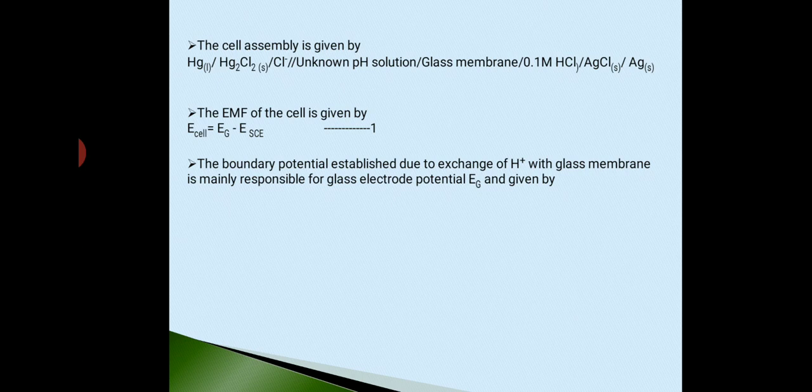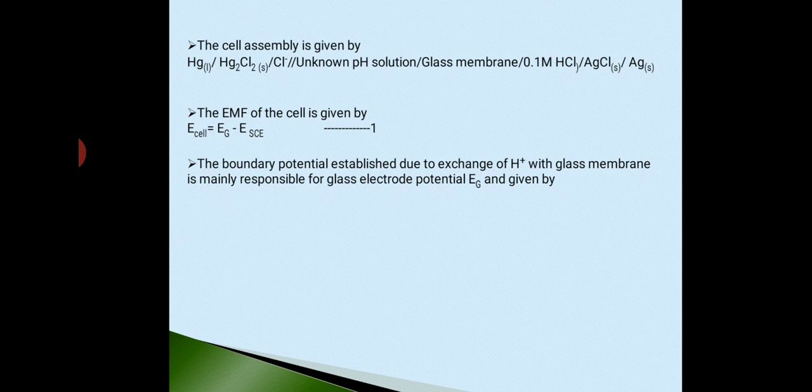Okay, first a very important concept comes here, boundary potential. Now what is this boundary potential? This boundary potential also contributes towards Eg. The boundary potential which develops due to exchange of H+ ions with the glass membrane is mainly responsible for the glass electrode potential Eg. When this glass electrode is dipped in an analyte solution, a potential is developed across the membrane due to exchange of H+ ions.